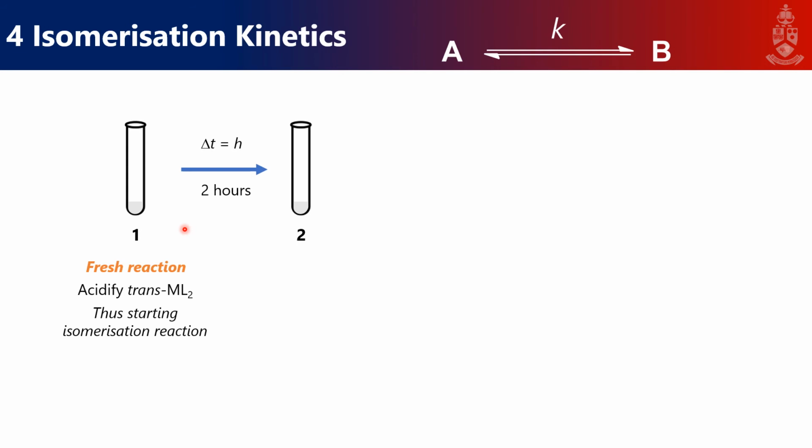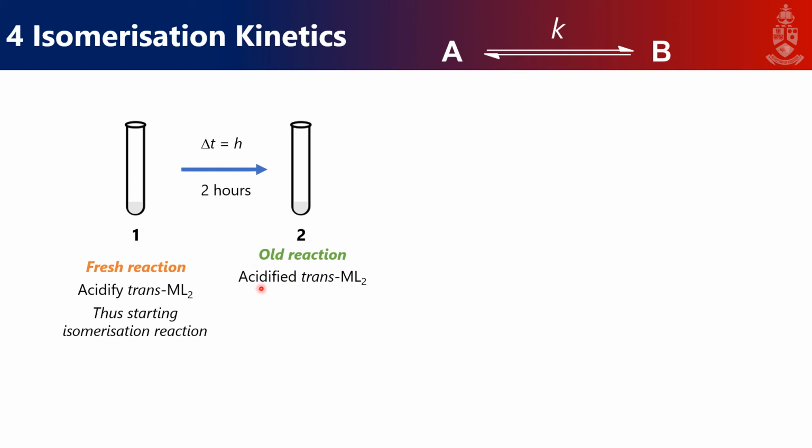The first is a fresh reaction, something we've just made, and we start measuring the absorbance of that immediately. We also have an old reaction, made 2 hours ago, because we know it takes about 2 hours for the system to fully isomerize from the trans to the cis, and that has already taken place. We also measure the absorbance of that, starting at the same point.